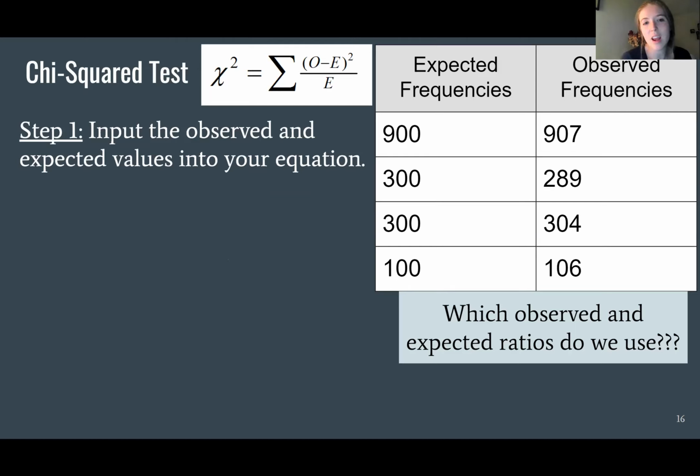What you're going to do is input the observed and the expected values into your chi-squared equation. I haven't gone over any of the pieces of this equation yet, but the question to ask yourself is: we have 4 different observed and 4 different expected frequencies of phenotypes, so which observed and expected ratio do we use?